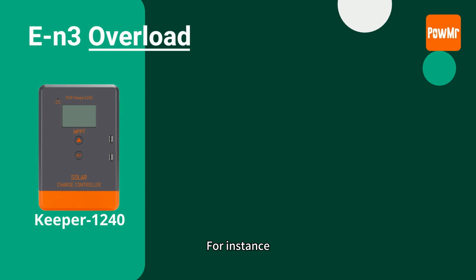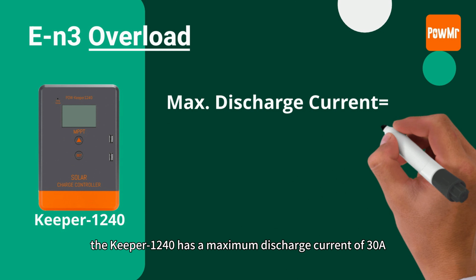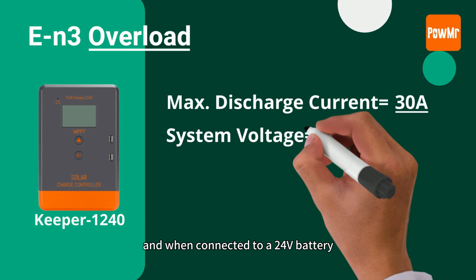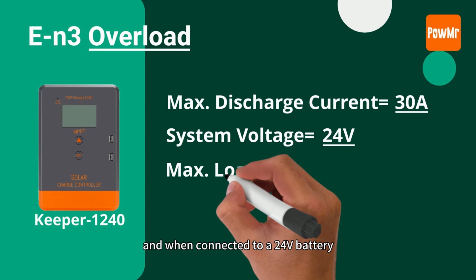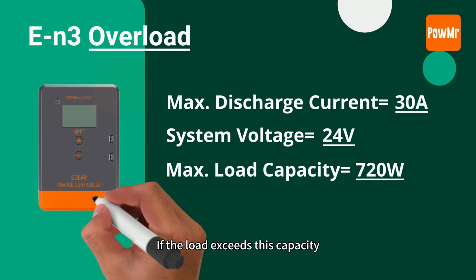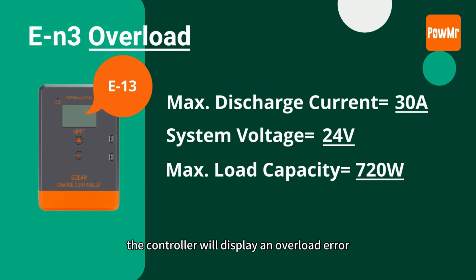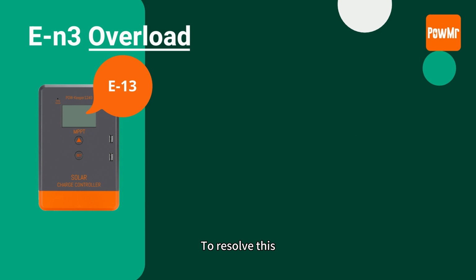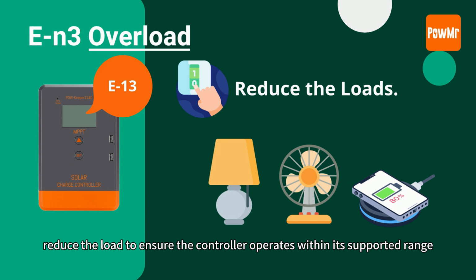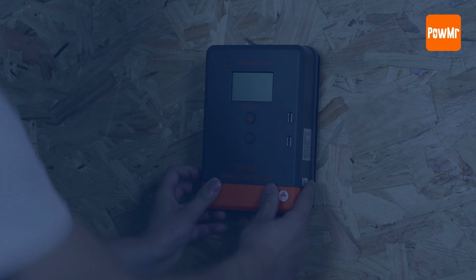For instance, the Keeper 1240 has a maximum discharge current of 30 amperes, and when connected to a 24-volt battery, it can support up to 720 watts. If the load exceeds this capacity, the controller will display an overload error. To resolve this, reduce the load to ensure the controller operates within its supported range.